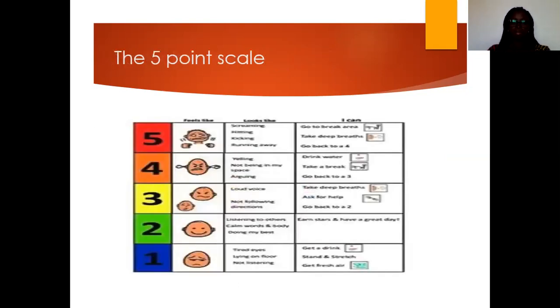Now let's quickly look at the 5-point scale. This is a scale that helps the child to rate how he's feeling, his emotions. With this, the parent and the child come up with everyday activities that might affect the child in some way.